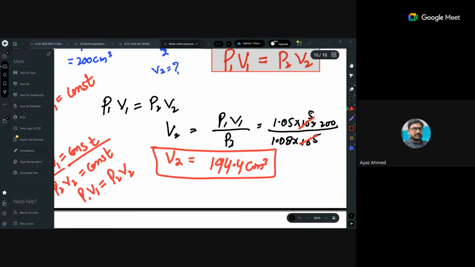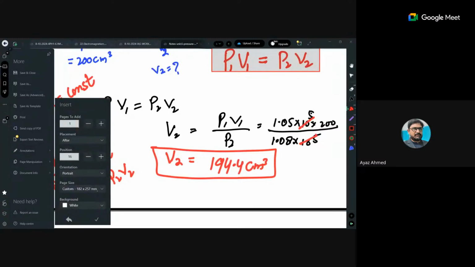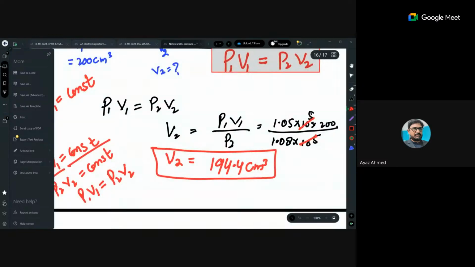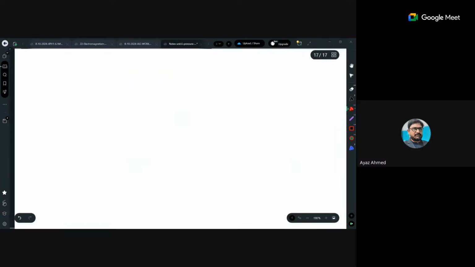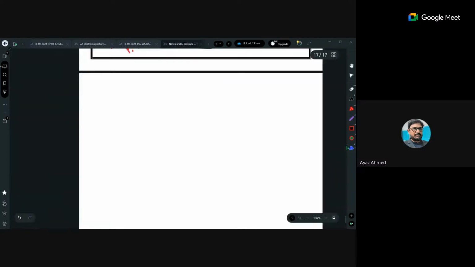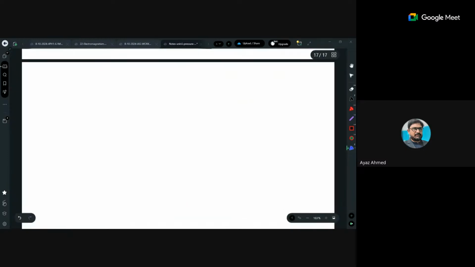I'm going to put one more page here to show you the graph calculations, and then I will move to the practice of the questions. In past paper questions, there are some questions which are now excluded from the syllabus. So I will mention those for you, and then we will move forward.